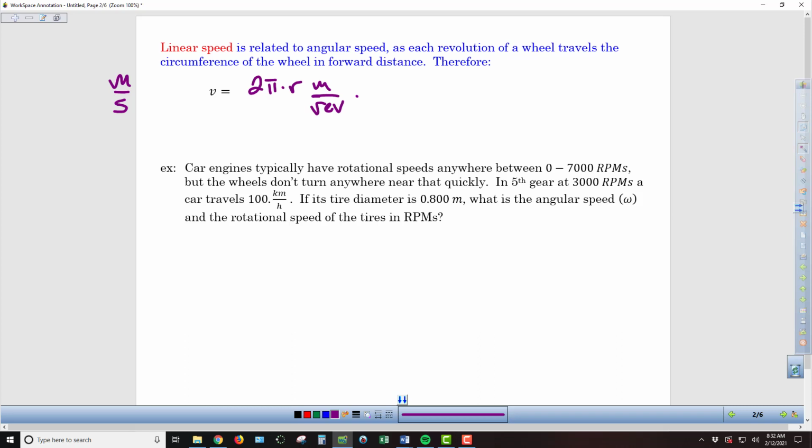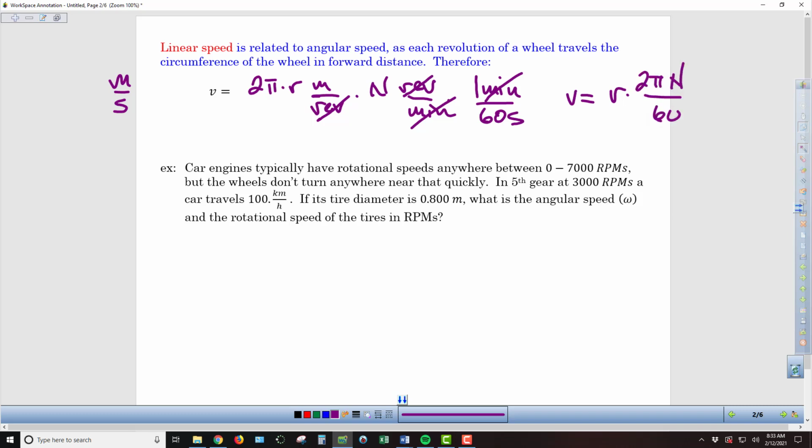And so then if we take that and multiply it by N, which is in revolutions per minute, we're getting close. So our revolutions cancel each other out. Now we have a length, meters, except it's over minutes instead of seconds. So we can make that conversion with 1 minute over 60 seconds. And so now we've got meters per second. And if we rearrange this slightly, we've got r times 2 pi N over 60.